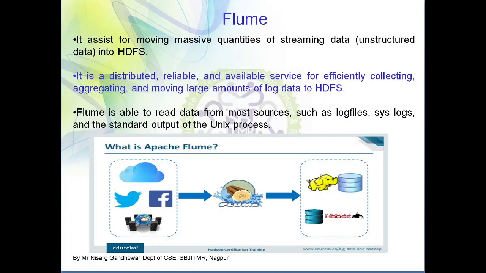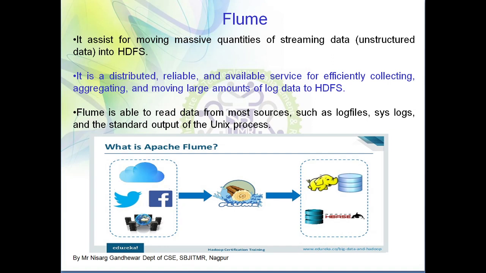Now next one is, suppose we need to transfer unstructured data or semi-structured data from external storage to HDFS. So we require some framework, and that framework is Flume. We have just seen Sqoop is used for structured data, and Flume is used for unstructured and semi-structured data, especially live streaming data, because we know that n number of servers are working, and on those servers n number of web services are executing continuously, so they are generating some kind of log.